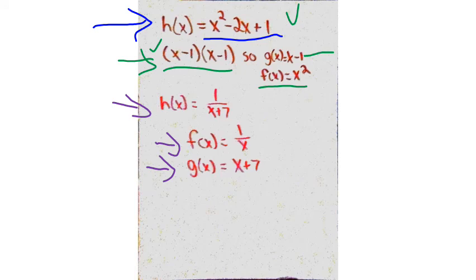If h of x was the composition f of g, then I would have 1 over x plus 7. Decomposing functions, that's something to think about.